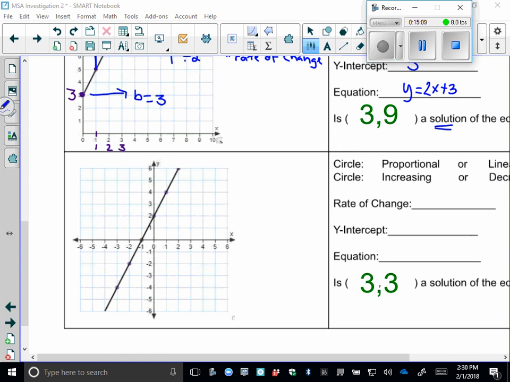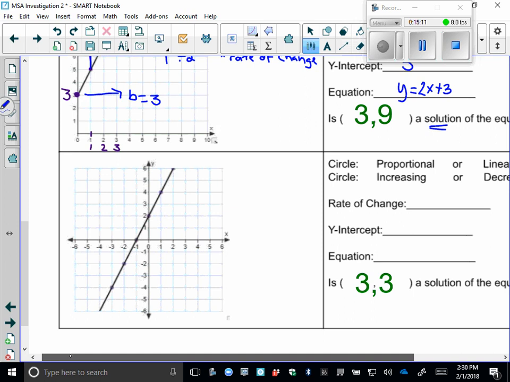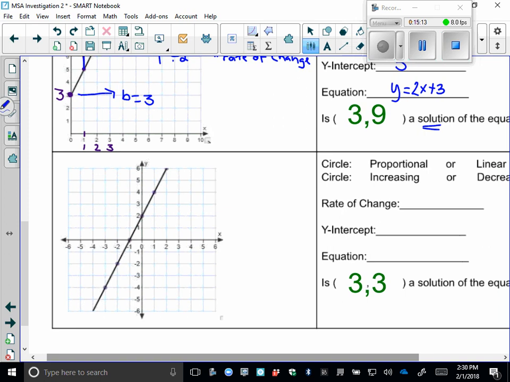So I'm seeing a couple of things, right? Like I'm seeing triangles. Like if I made my triangle here, I go up 2, right 1. So my rate of change is just 2 over 1, which is 2. Thumbs up or thumbs down? Okay. It turns out the y-intercept is also 2, right?